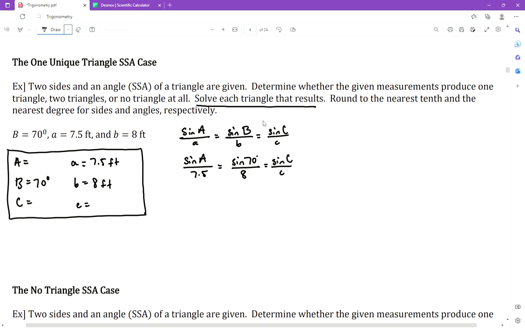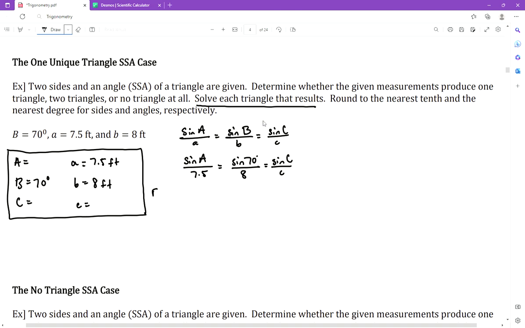Every time we use the law of sines, we want the one fraction that has complete information, which is this middle fraction, and we set it equal to something that has one piece of information, and then find the other unknown piece. So we will use the first and second parts of the law of sines.